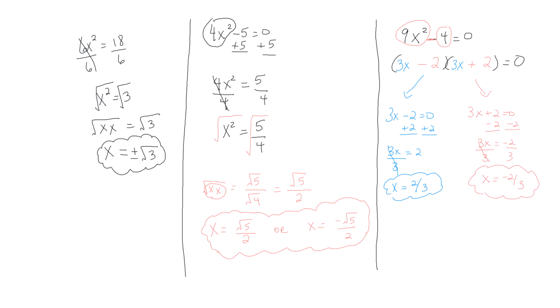to do 9x squared minus 4 equals 0, you get the x by itself. Divide away the 9.